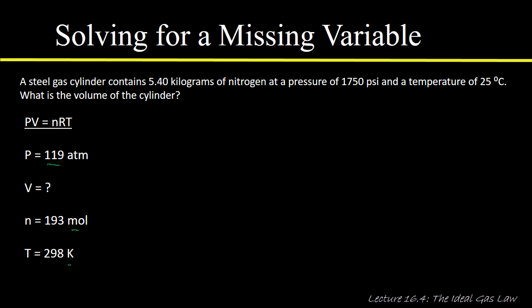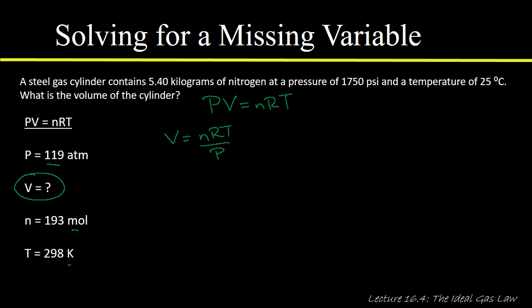Then we just have to take the ideal gas equation and do a little bit of algebra. We've got PV equals nRT. We're solving for volume, so we can divide both sides by P. Volume then is going to be nRT over P.